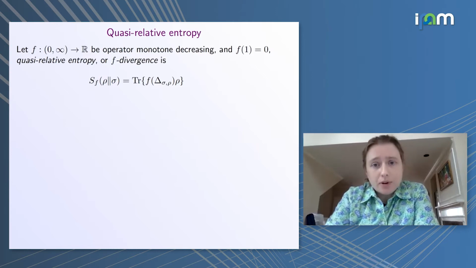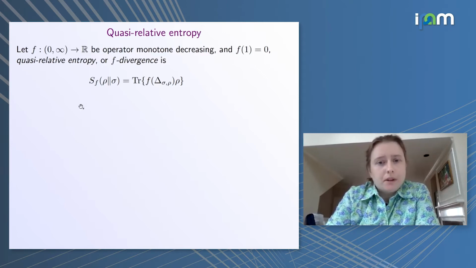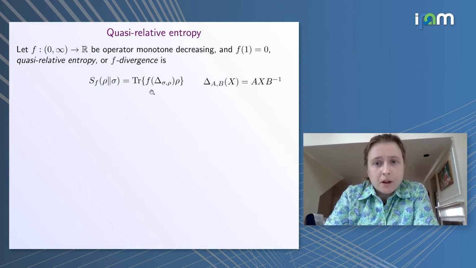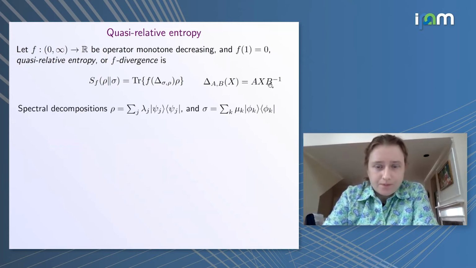For any operator monotone decreasing function or operator convex function that is 0 at 1, the f-divergence is defined as the trace of the function acting on the modular operator acting on rho. And the modular operator is a product of the left multiplication by A and the right multiplication by the inverse.